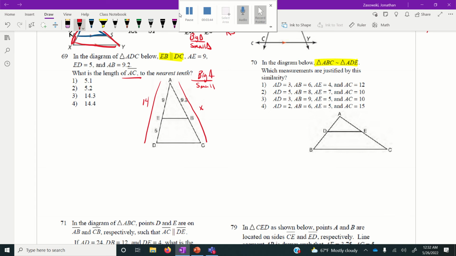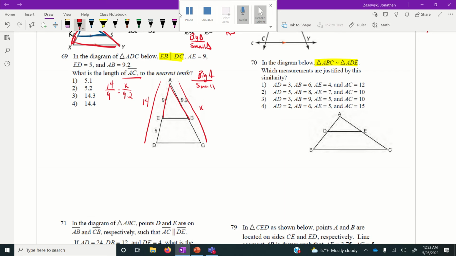All right, so big triangle on the left is 14. The small triangle is just the top line here on the left, which is 9. And that is equal to the big on this side, which we know is x, over the small, which is just that top side here, which is 9.2. So what we can do from here is go ahead and cross multiply.